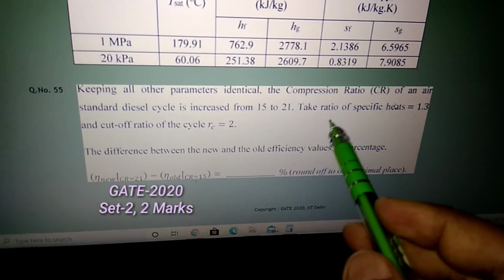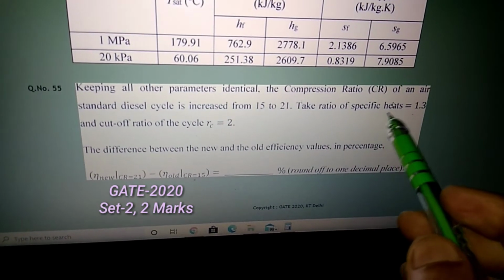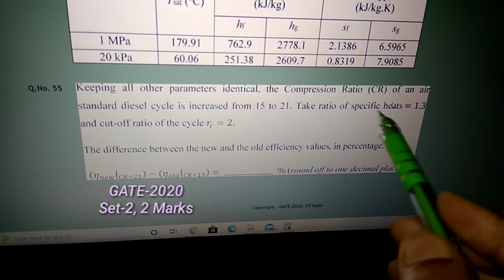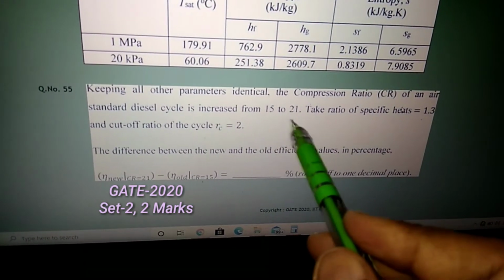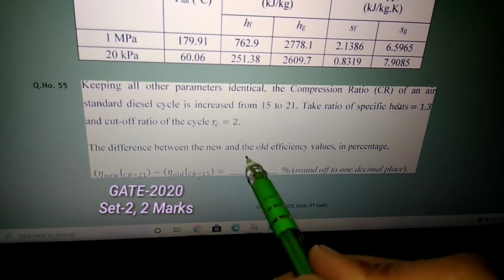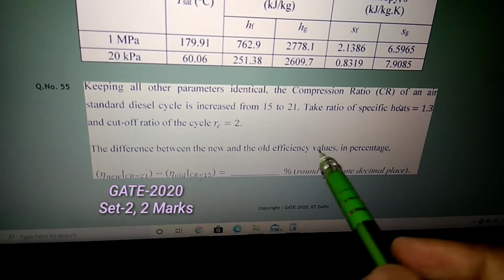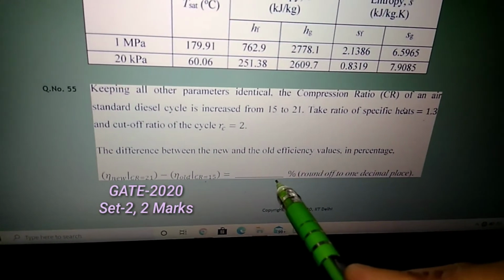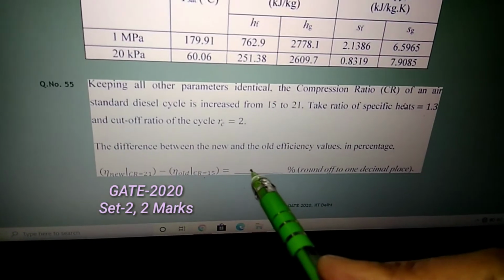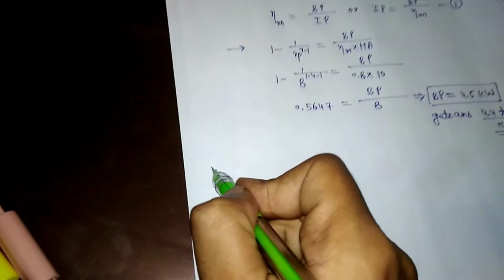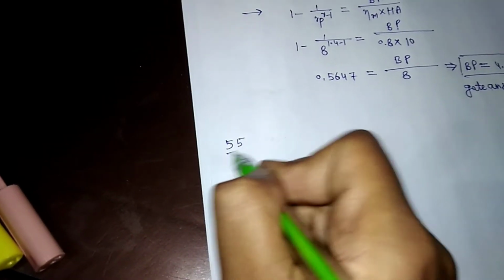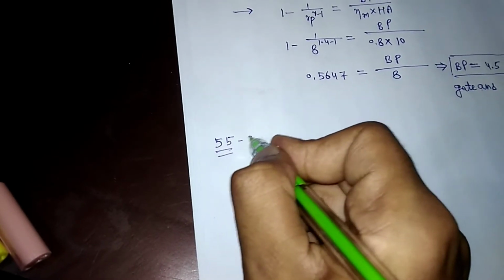Take ratio of specific heats gamma as 1.3, and cutoff ratio of the cycle rc is equal to 2. We have to calculate the difference between the new and old efficiency values in percentage. So this is also question number 55, but it was asked in set 2.